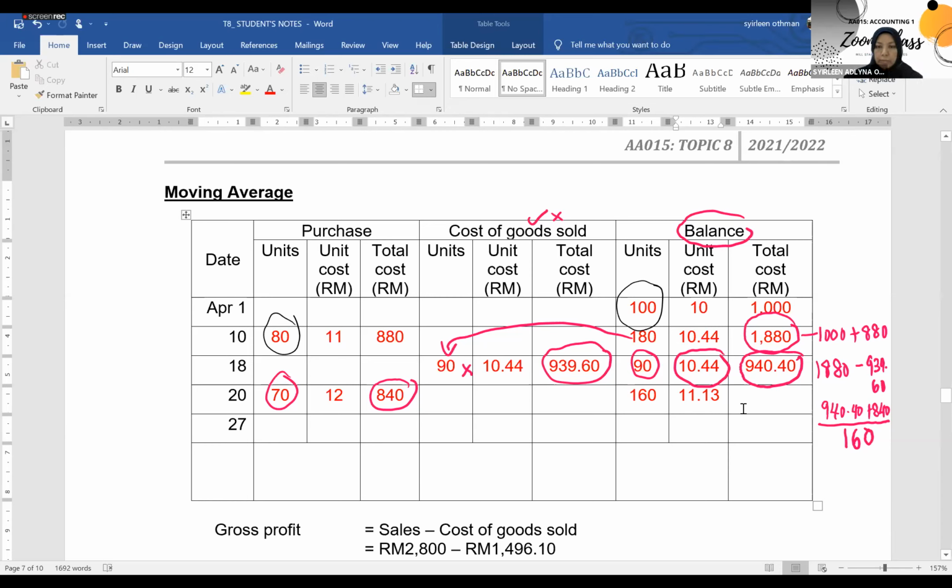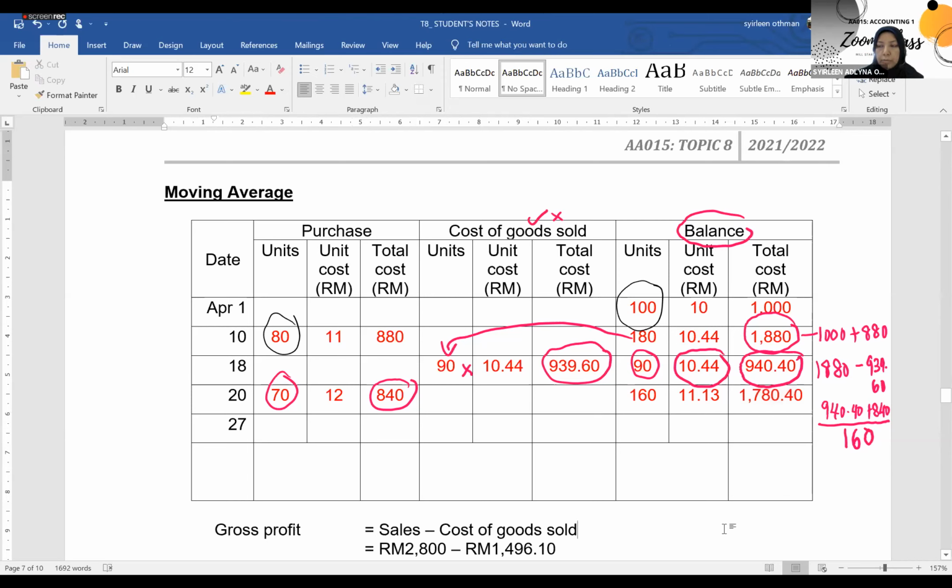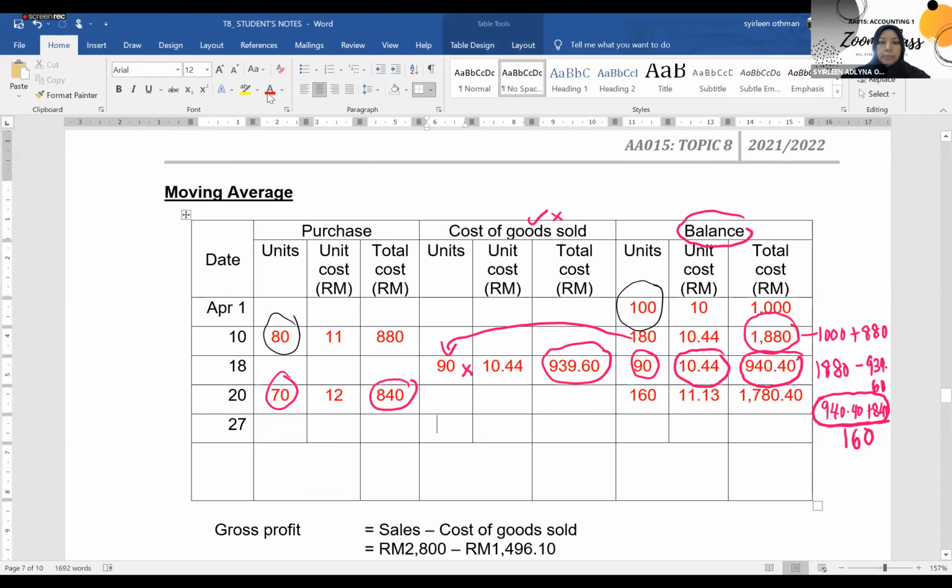Okey, so sekarang awak punya latest inventory will be 1780.40, which is actually taken from this amount. RM940.40 tambah 840. So that will be 1780. Okay, alright, so now kita akan jual pula on the 27. So you akan jual jumlah dekat sini 50 unit.